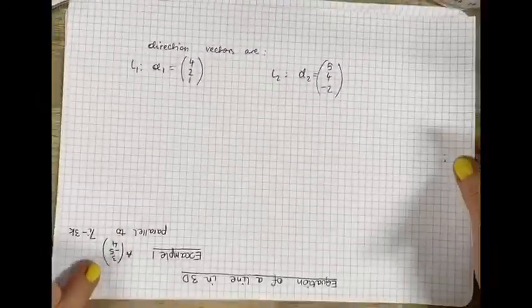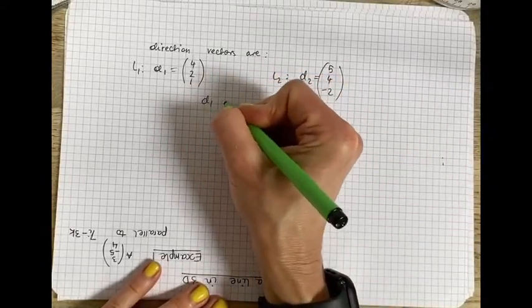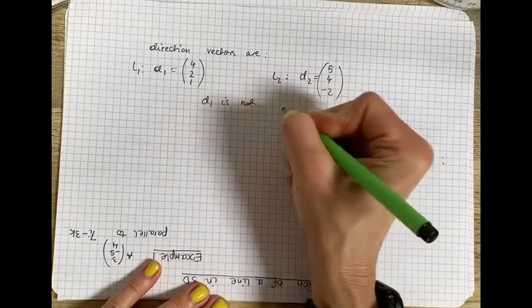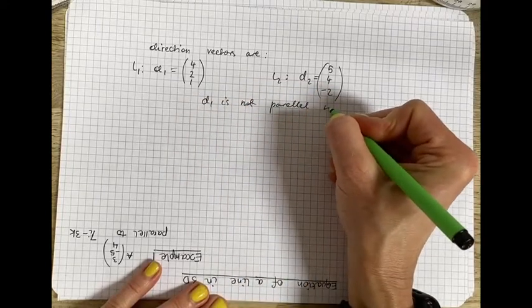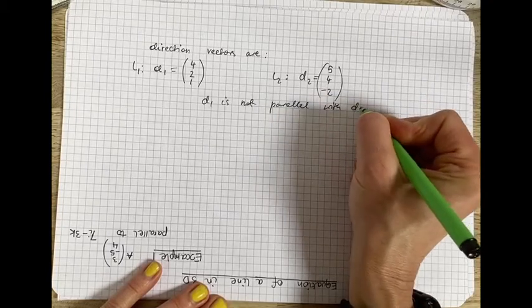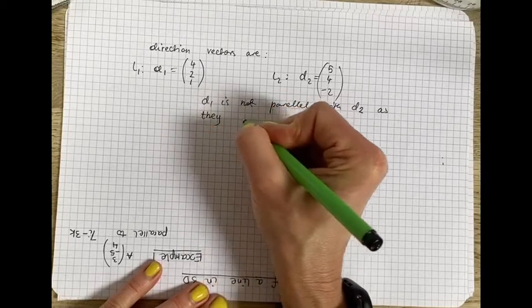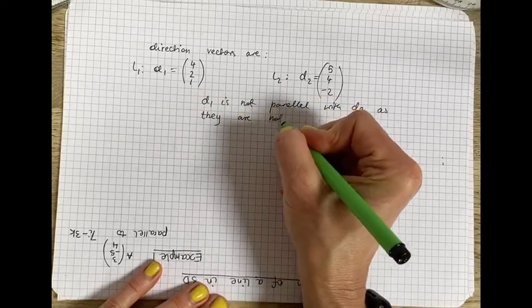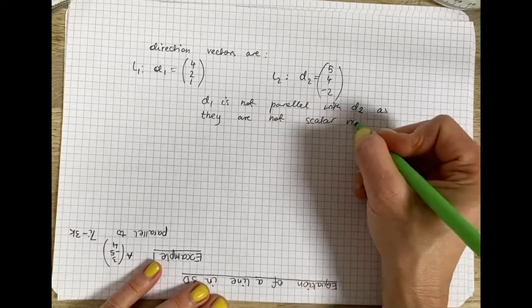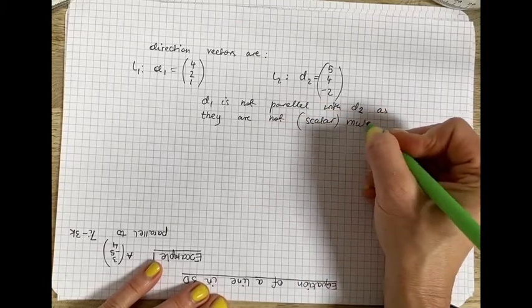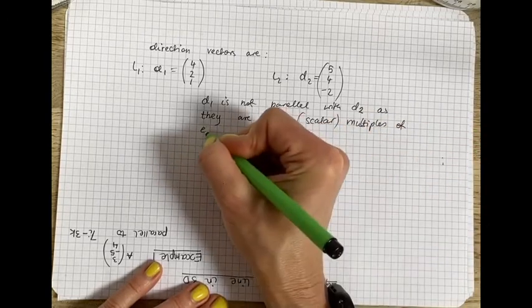That's correct. Okay, so D1 is not parallel with D2 as they are not scalar multiples of each other.